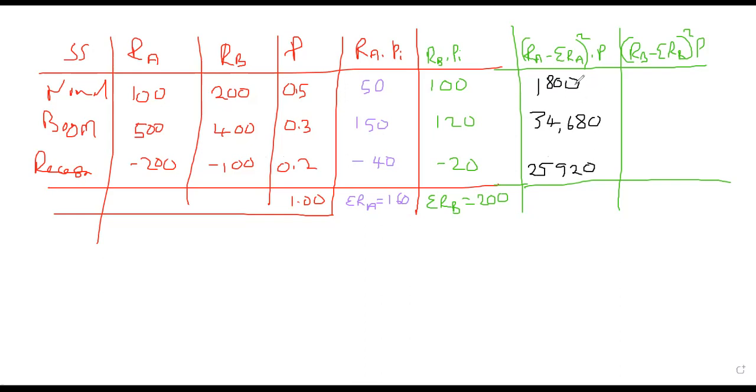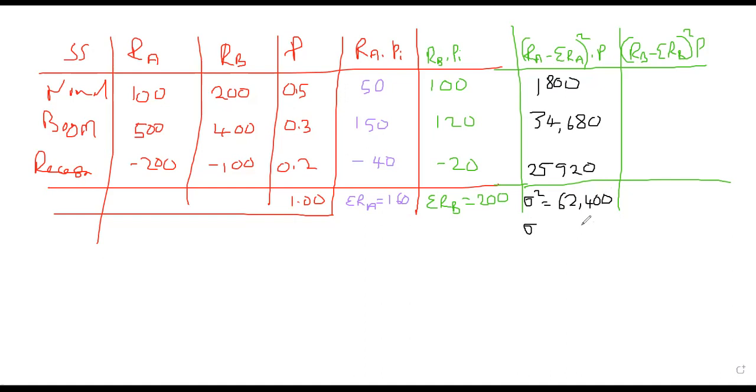So when we add all these, 25,920 plus 34,680 plus 1,800, we're going to get 62,400. What is this 62,400? It is called the variance.